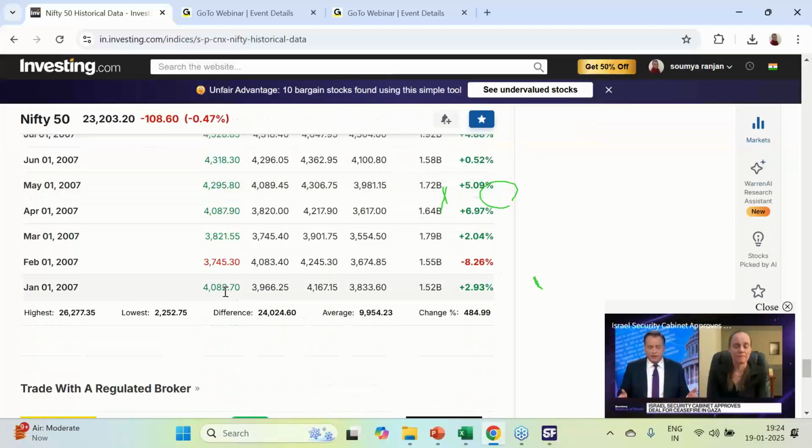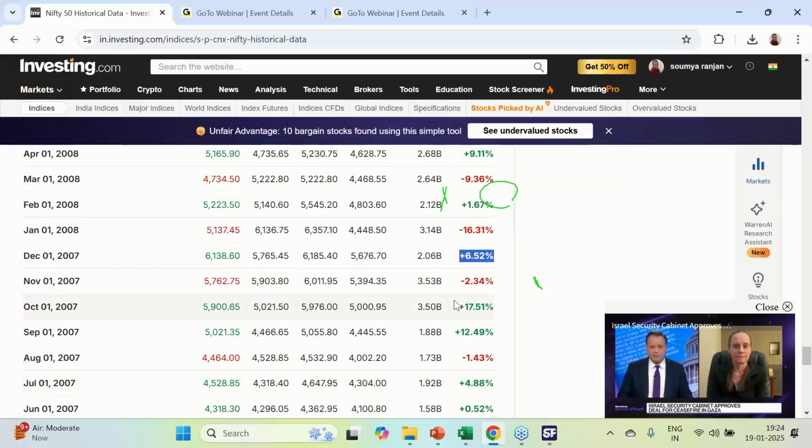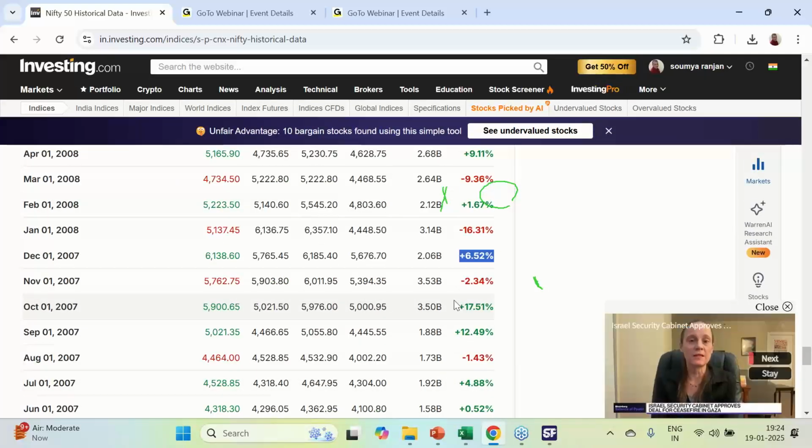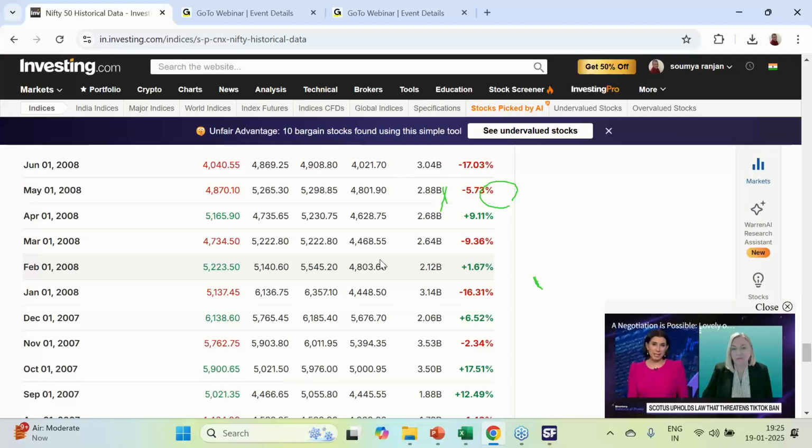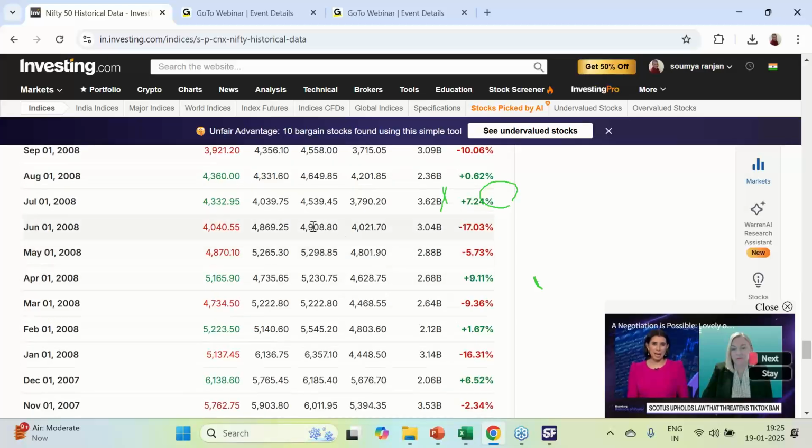So where have we started? We started at 4,008. With all these big ups and downs, the Nifty index went till 6,000 level, 5,300 level. But then again, within a 2-month period, we are coming to 4,000 level, and much below that, with June 17%, 5%, 9%.